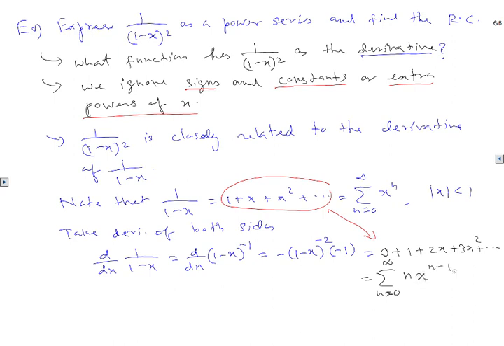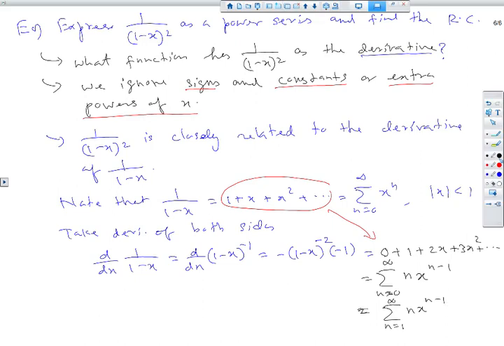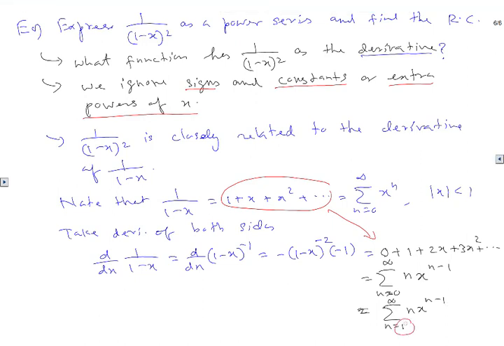But when you plug in n equals 0, this is gone, so you only start with n equals 1. Every time you take a derivative of a power series, the first term goes to 0, so nothing changes inside; the only change is you start with n equals 1.